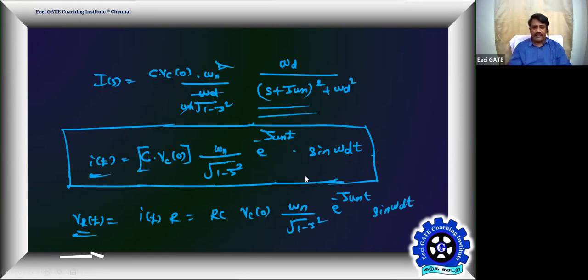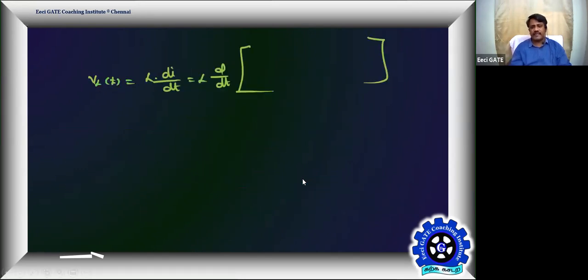D by dt of the current expression, that is C into Vc of 0 into omega n by root of 1 minus zeta square into e power minus zeta omega nt into sine omega dt. That's how it goes.